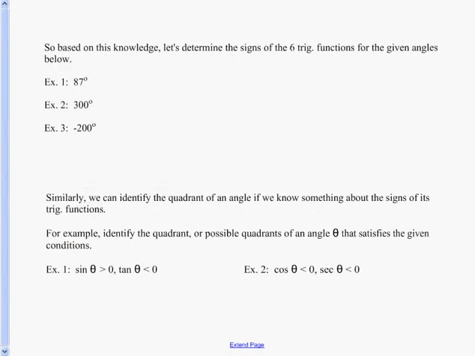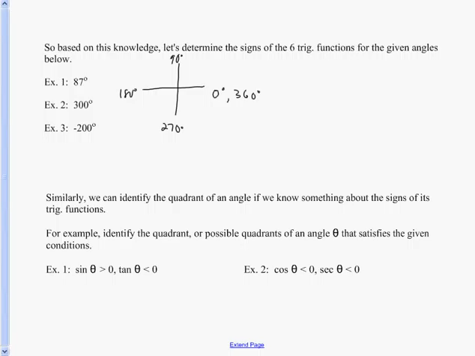Now, based on this knowledge, we're going to determine the signs of the 6 trig functions for the given angles below. One of the first things I'm going to do is draw the angle and see which quadrant it lies in. So for the first example, 87 degrees, I know typically I have 0 and then 90 and then 180 and 270 and back to 360.